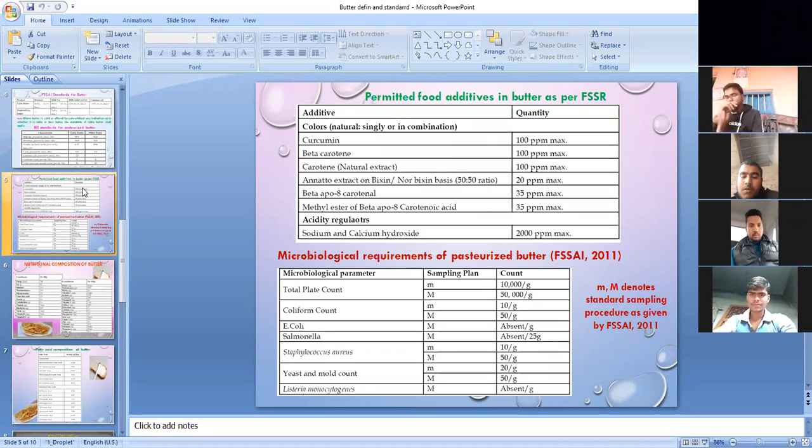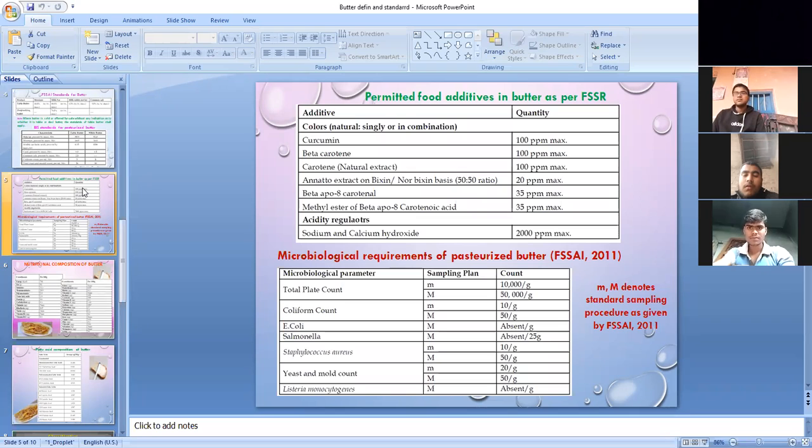Suppose when we prepare the cream from the SGIDT cream, I have already told you, there you have to go through the two-stage neutralization. So calcium and sodium hydroxide is generally added to control the acidity to such a level that we can keep the butter for a longer duration. But the maximum limit of addition of calcium or sodium hydroxide is 2000 ppm only.